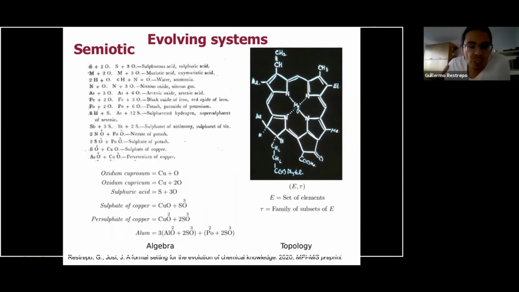We could set that idea of molecular structure into the mathematical framework of topology, where we have atoms connected by bonds, so that they are sharing electrons. What is important is that we have one set of elements, the atoms, and those atoms are connected by bonds. Those are the binary relations between those elements, and that leads to a topology.